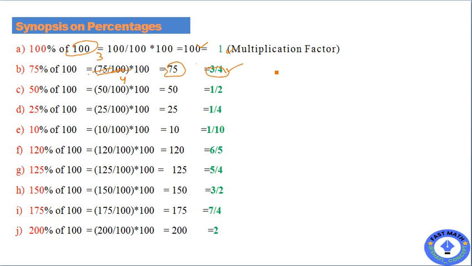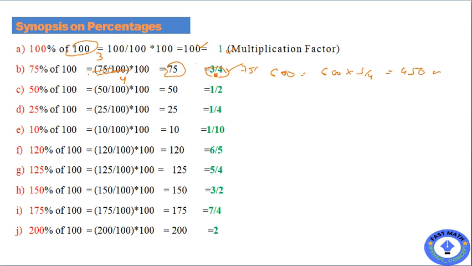For example, if you are asked for 75% of 600, you can directly go 600 into 3/4. That means 150 into 3, that is nothing but 450.